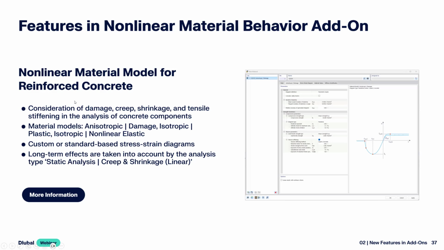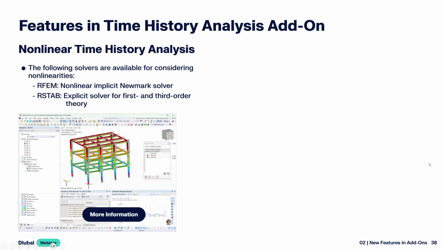You can use the non-linear material model for reinforced concrete. Those are the new material types: anisotropic damage, isotropic plastic, isotropic nonlinear elastic. And you can use them for the nonlinear reinforced concrete design.